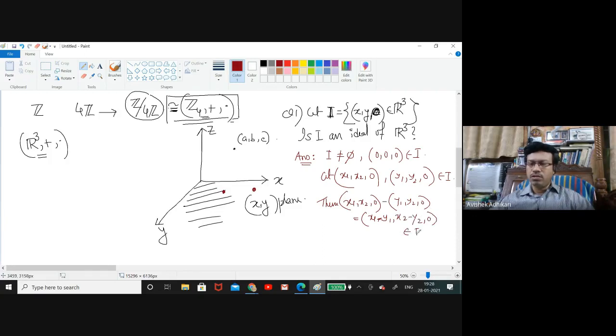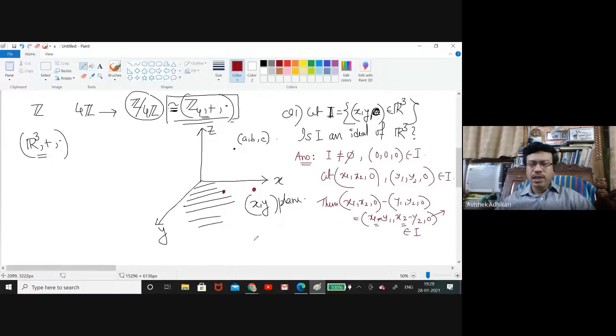That is also in this form because the third coordinate is 0 and both are in R.